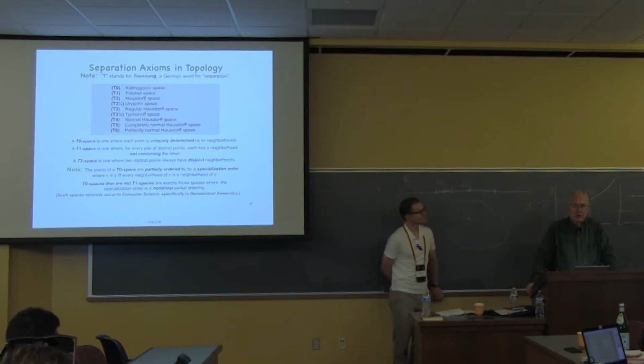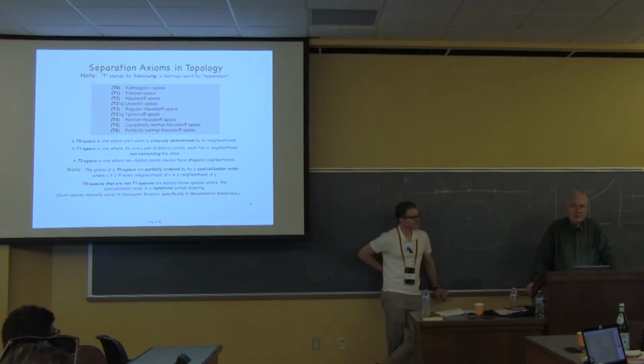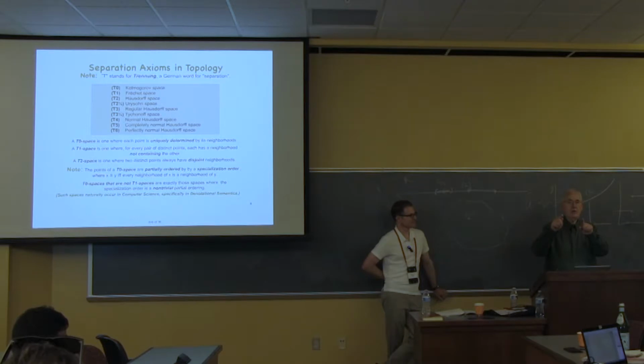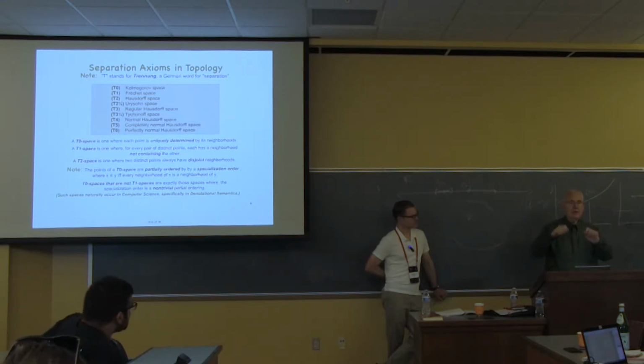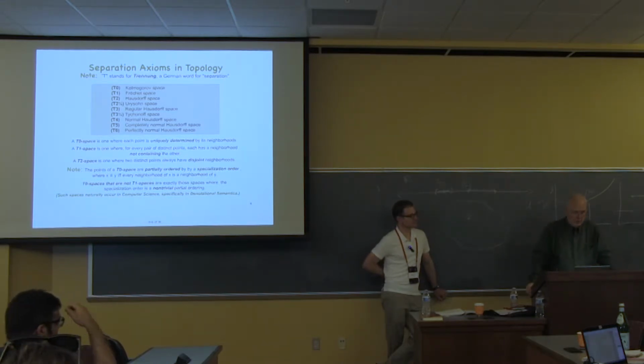T0 eliminates that. T0 says that if you take 2 distinct points, they have to be distinguished by their neighborhoods. One of them will have a neighborhood that doesn't contain the other. You don't know whether it's the right-hand one or the left-hand one, but one or the other can be separated.